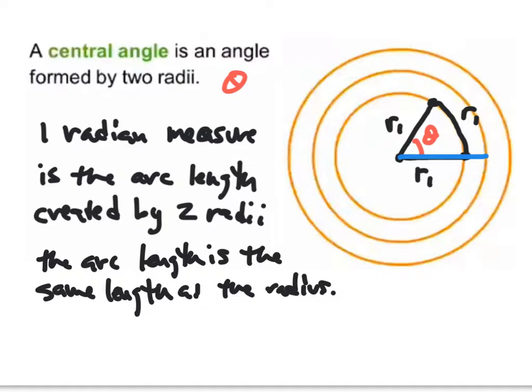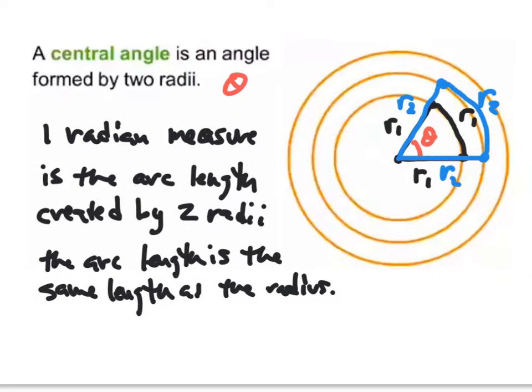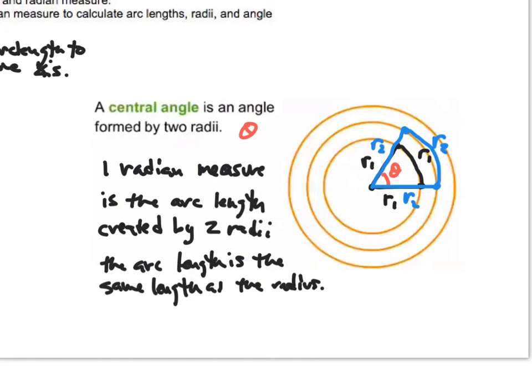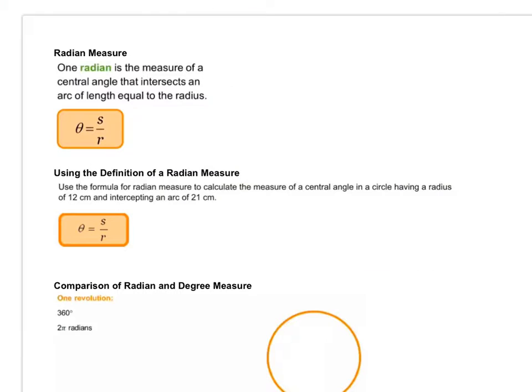Let's say you have a radius here created by the same central angle. This would be R sub 2, and the arc length for that would also be R sub 2. So that's the idea of what a radian is. It's a way for us to measure an arc length that's the same as the radius. That's the definition, but we'll use the concept of a circle to go around the circle and find different types of radian measures.